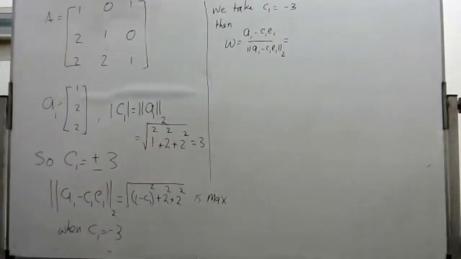Once you pick C1, you compute omega. Omega is A1 minus C1 E1 divided by its 2 norm. The 2 norm is the square root of 4 squared plus 2 squared plus 2 squared, which is 16 plus 4 plus 4, so 24, that is 2 root 6.